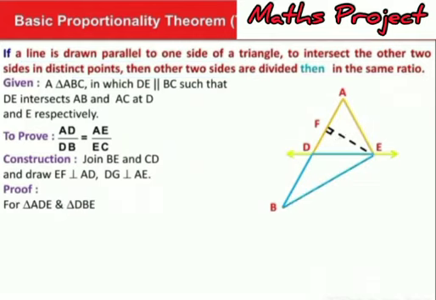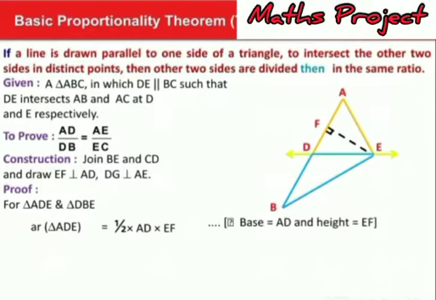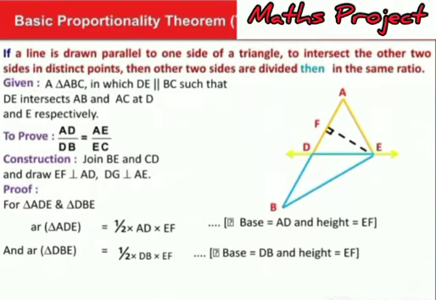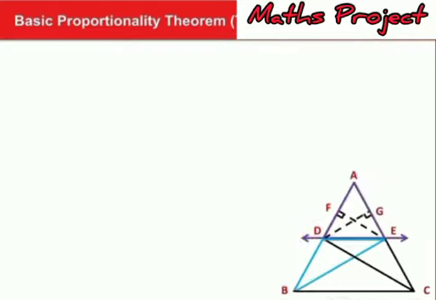For triangle ADE and triangle DBE, the area of triangle ADE is equal to half into AD into EF, in which the base is AD and the height is EF. Now the area of triangle DBE is equal to half into DB into EF, in which the base is DB and the height is EF.